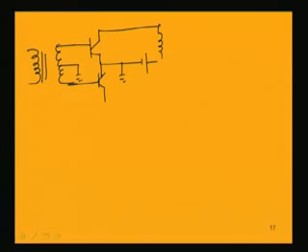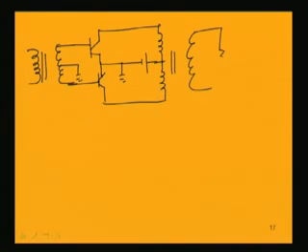It is a center tap transformer. Actually, the upper half and lower half are having the same number of turns. It is having these transistors, and we are having a source like this, and at the output side we are having the load RL.